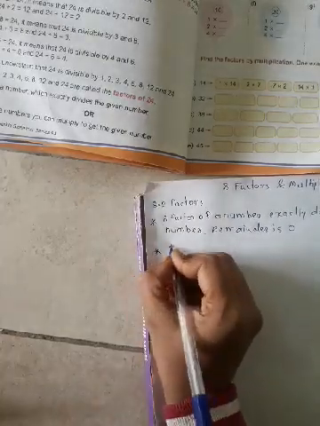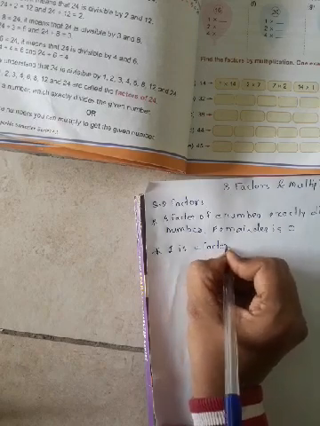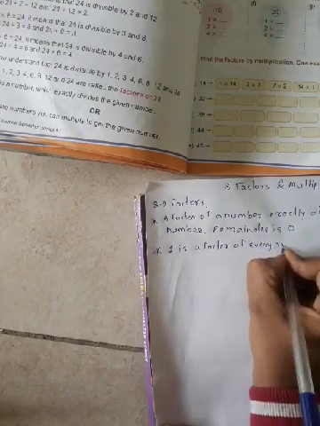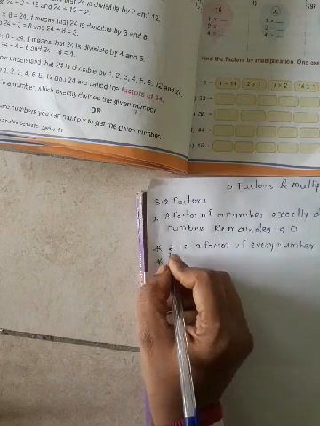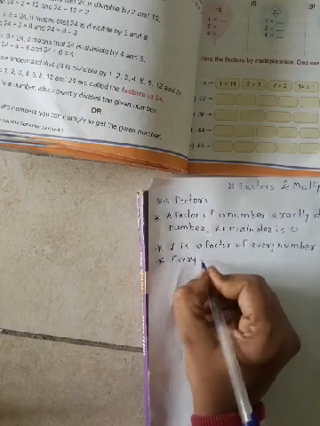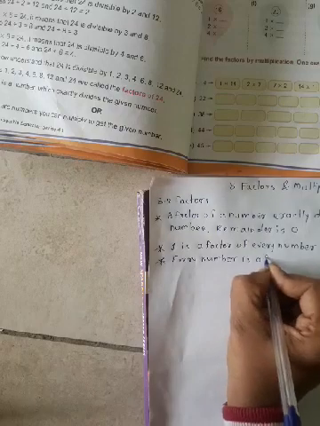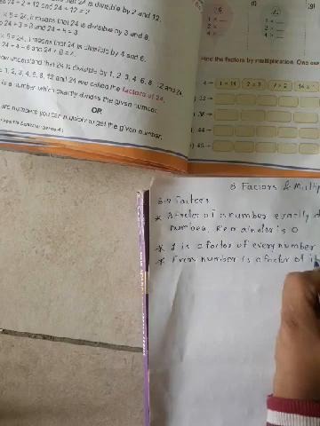Then, 1 is a factor of every number. The third rule is every number is a factor of itself.